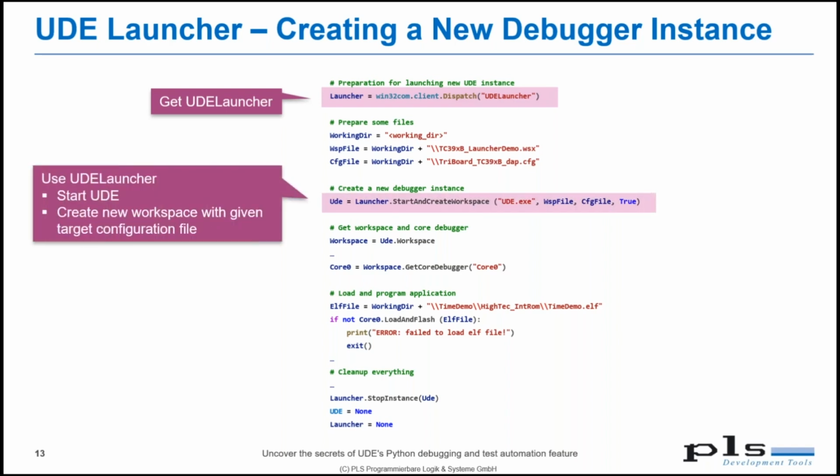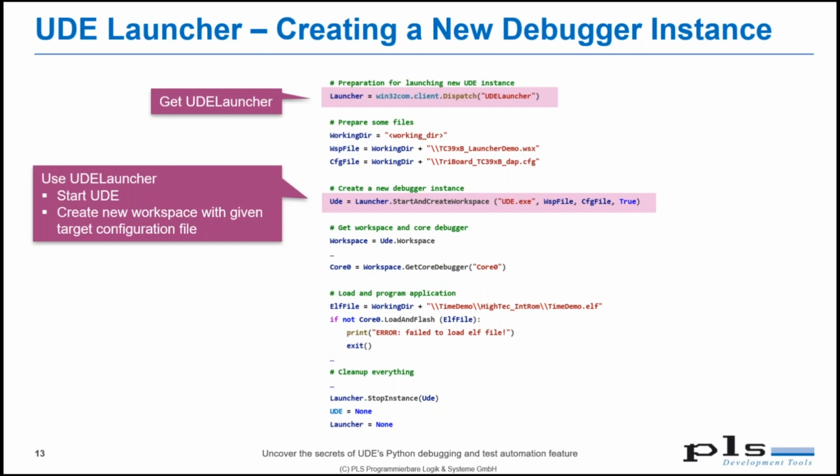Once you have the launcher, then you can use, for example, the start and create workspace function to open UDE, create a new workspace with a given workspace file name, and with a provided target configuration file. So the target configuration file has to exist already.